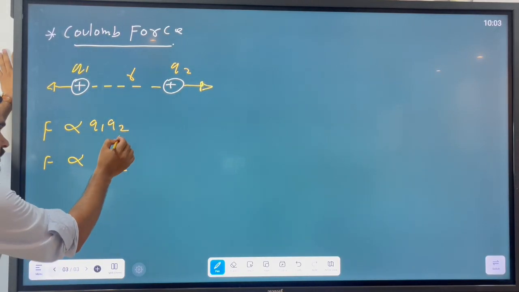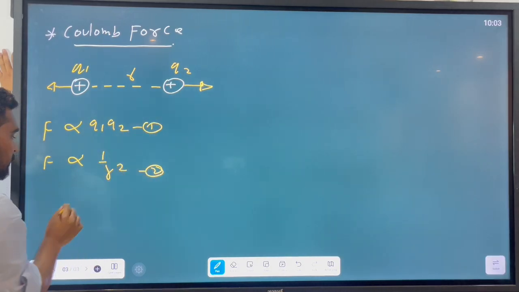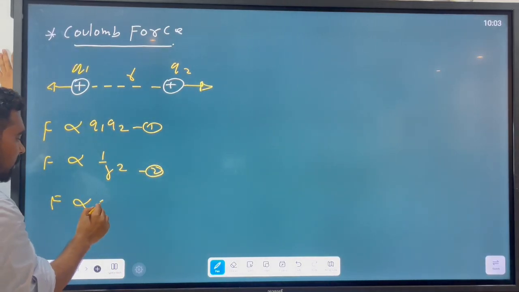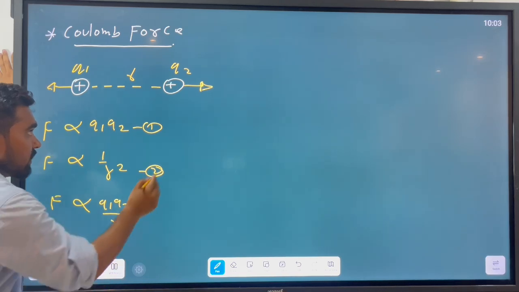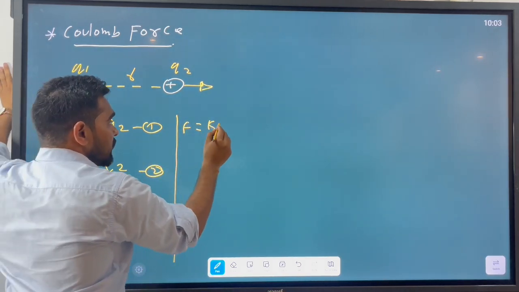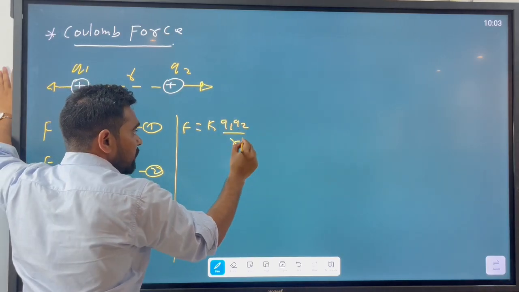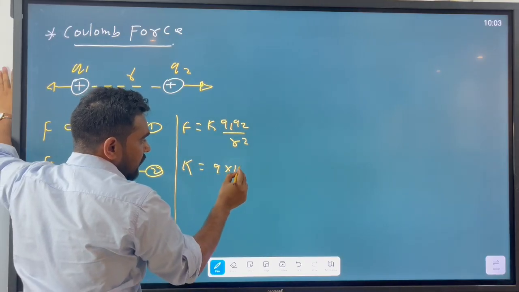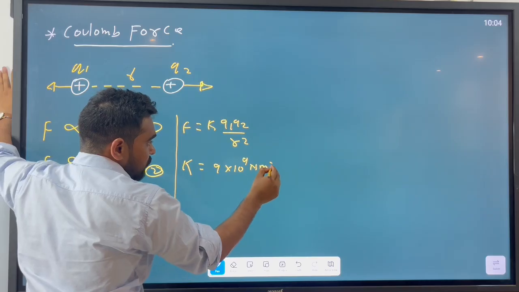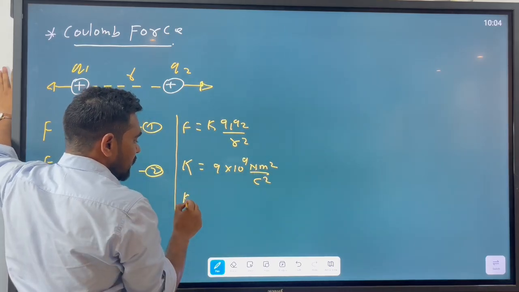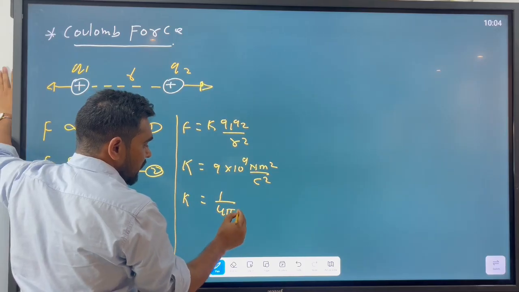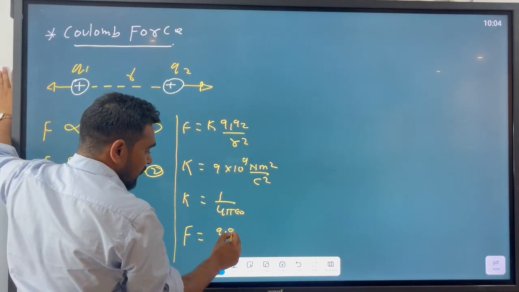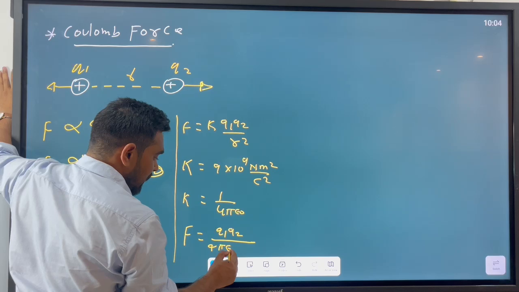This is equation first and equation second. From both, F is directly proportional to Q1 times Q2 divided by r square, so F equals K Q1 Q2 divided by r square. K is the electrical constant, with value 9 times 10 power 9 Newton meter square per Coulomb square, and also K equals 1 by 4 pi epsilon naught. Putting this value, Coulomb force equals Q1 Q2 divided by 4 pi epsilon naught r square.